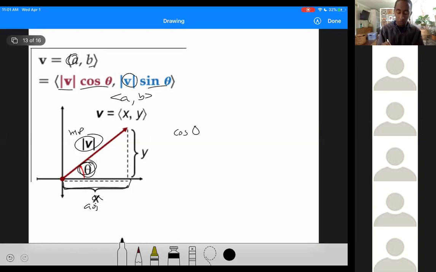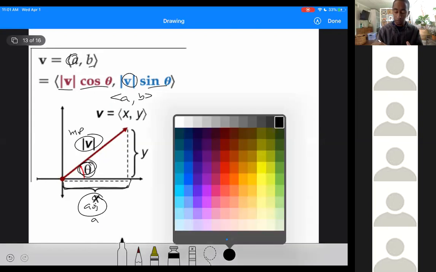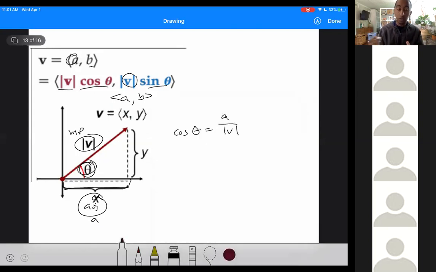So cosine of the angle equals our adjacent, which in this case is our A, our horizontal component, over our hypotenuse, which in this case is our magnitude, right? And so if we wanted to solve for A, you would just multiply by the magnitude.